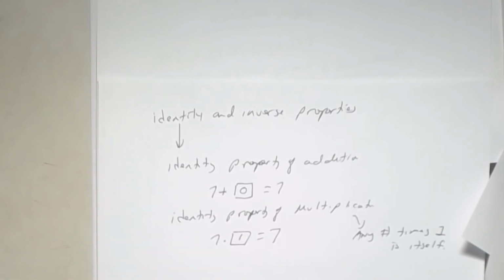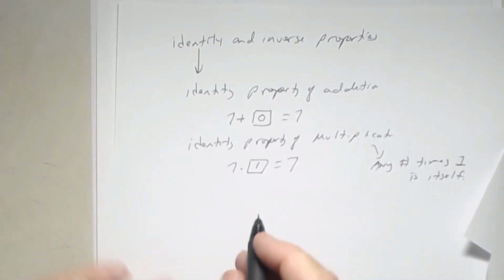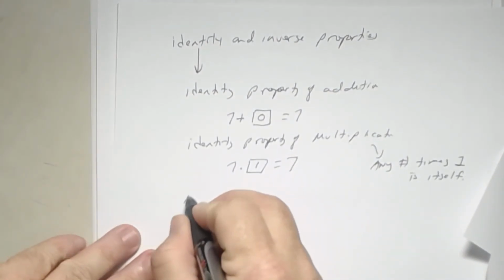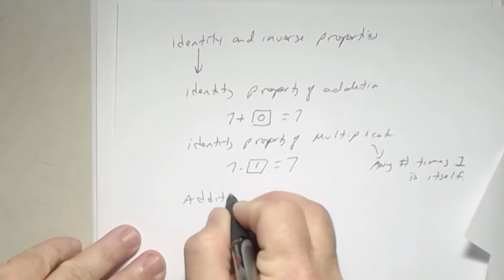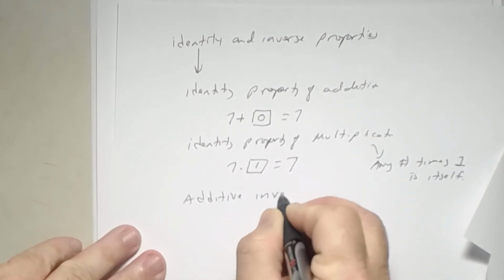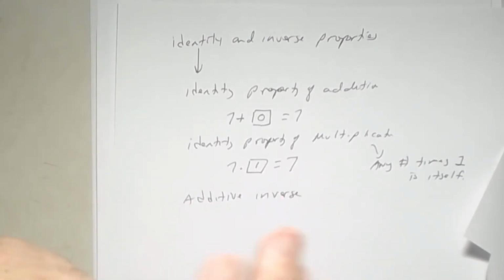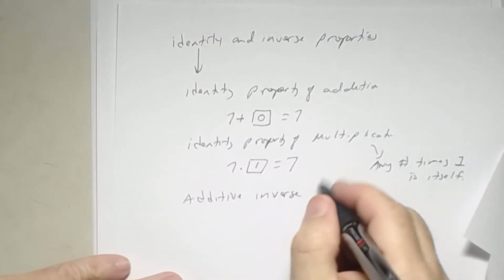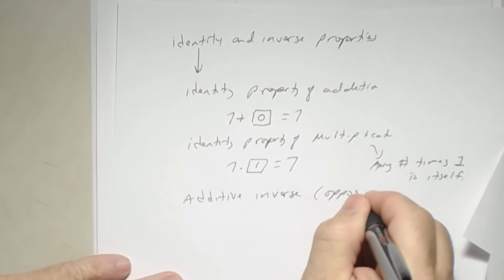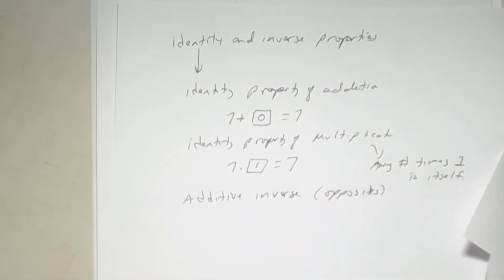Now let's talk about additive inverse. Another word for additive inverse is opposites. So think of the word opposite.